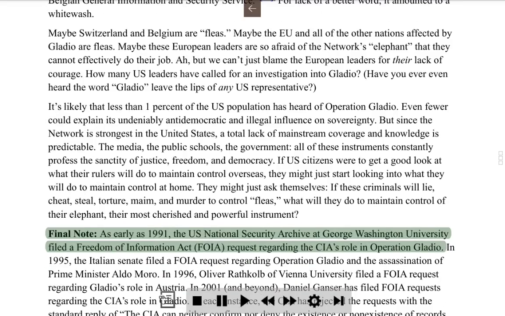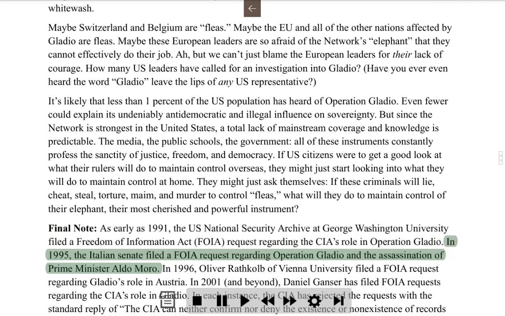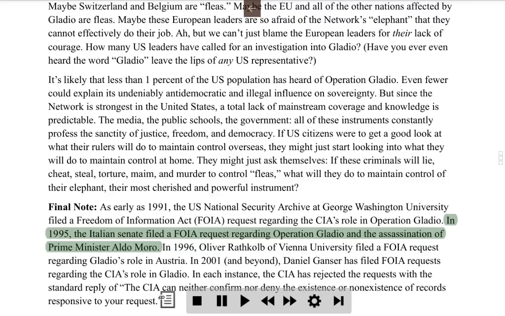Final note, as early as 1991, the U.S. National Security Archive at George Washington University filed a Freedom of Information Act, FOIA, request regarding the CIA's role in Operation Gladio. In 1995, the Italian Senate filed a FOIA request regarding Operation Gladio and the assassination of Prime Minister Aldo Moro.